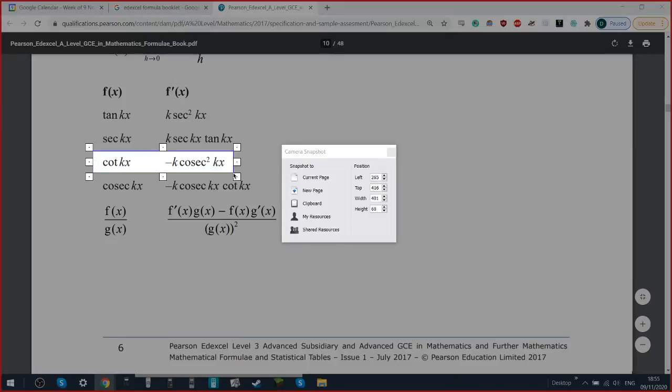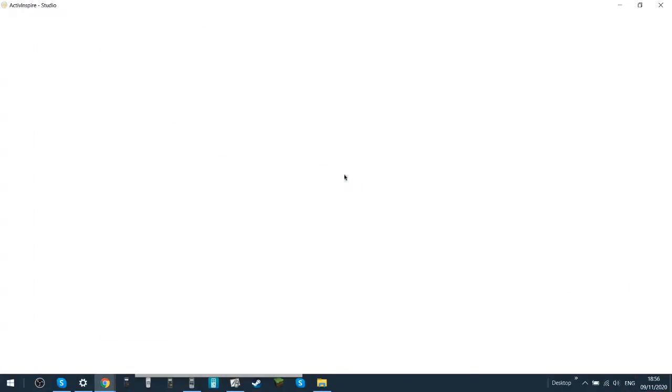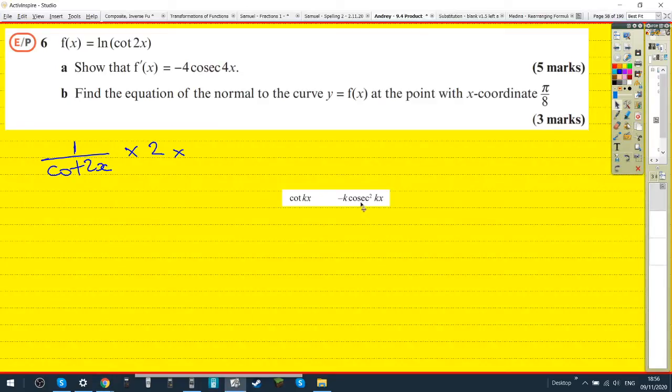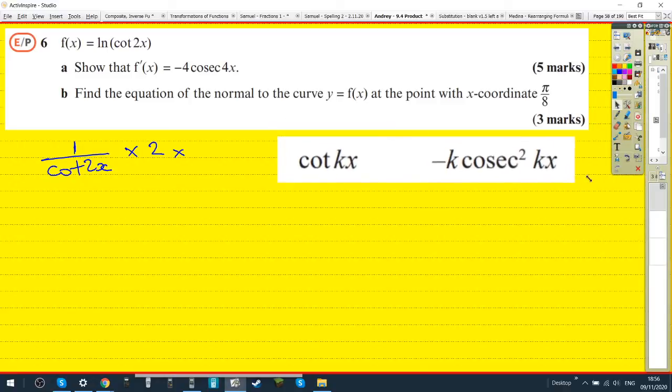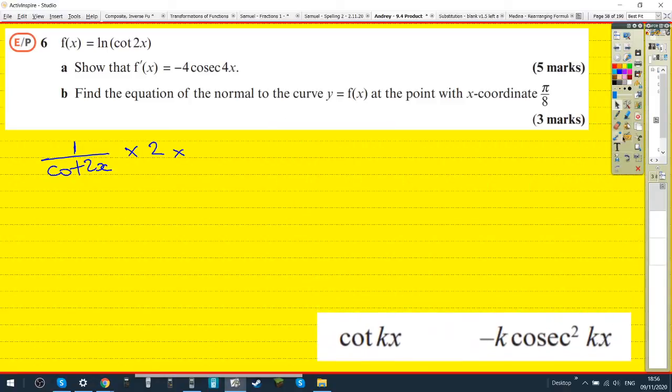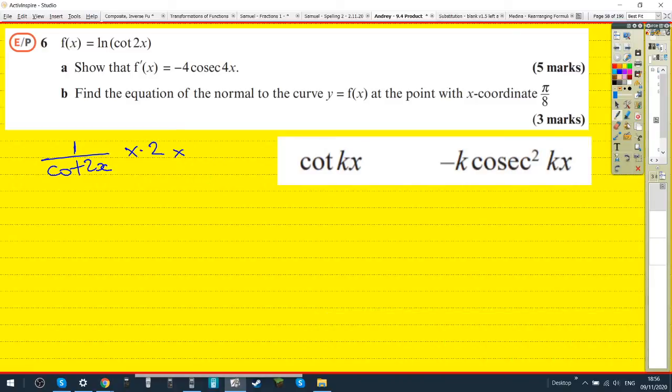So the derivative of cot 2x is minus 2 cosec squared 2x. So I'll put it there, because we already did the times 2 thing. So we'll just do it all in one go then.